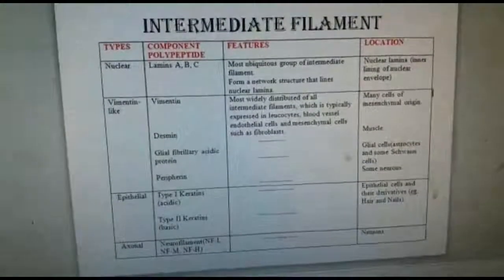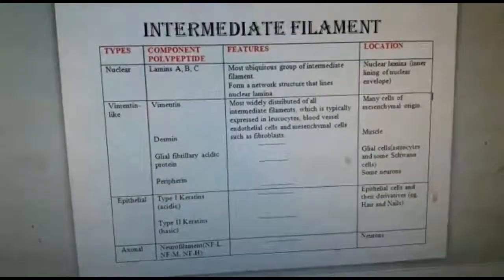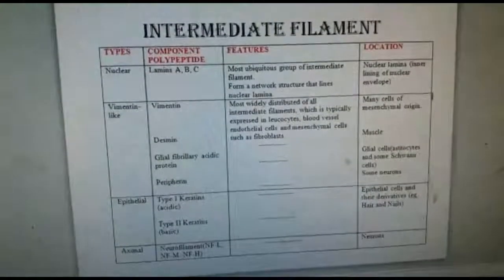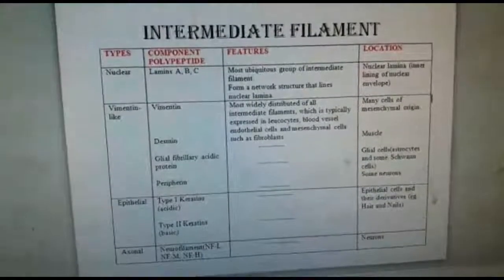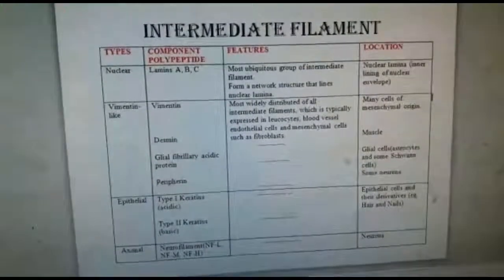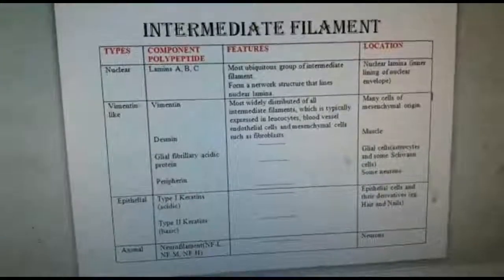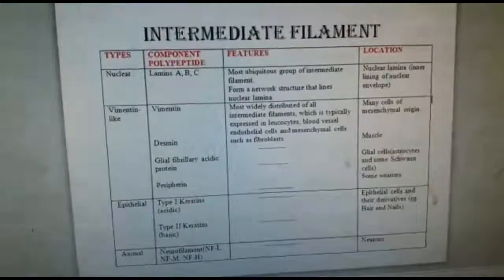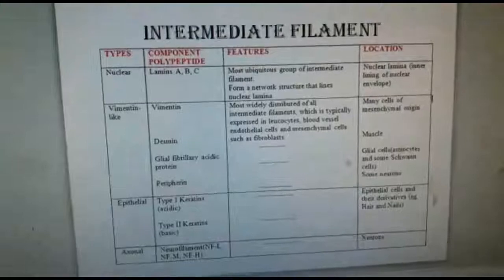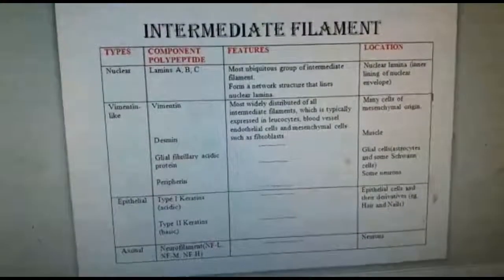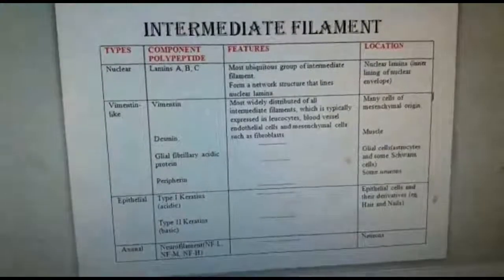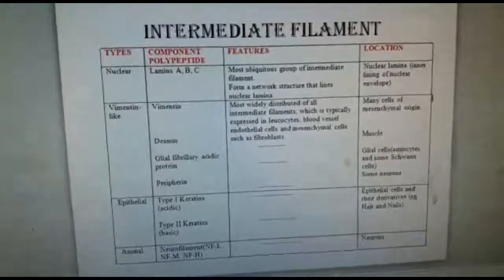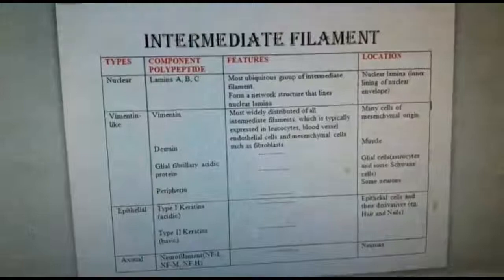Unlike the actin or tubulin subunits, the intermediate filament subunits do not contain a binding site for a nucleoside triphosphate. The antiparallel arrangement of dimers implies that the tetramer, and hence the intermediate filament that it forms, is a non-polarized structure.